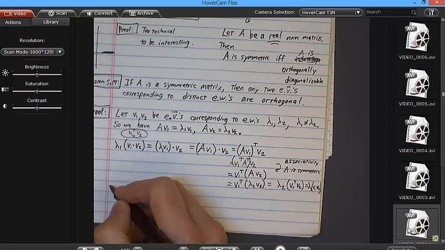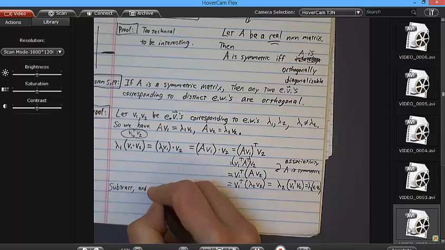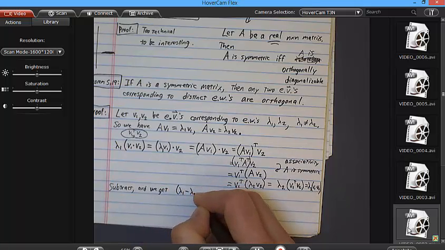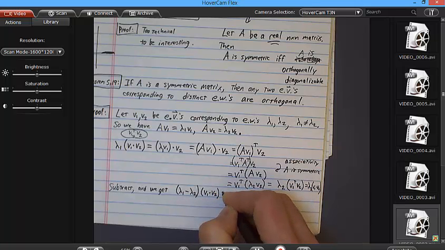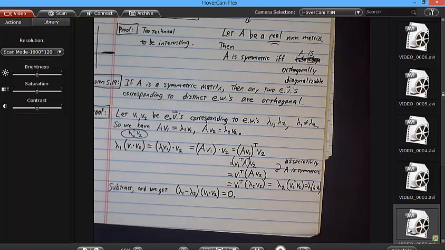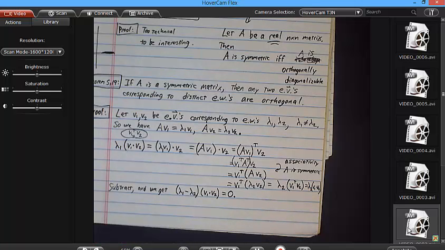So now we can subtract, and we get, well, lambda 1 minus lambda 2 times V1 dot V2 equals 0. Right? You factor out the V1 dot V2 and you have this.